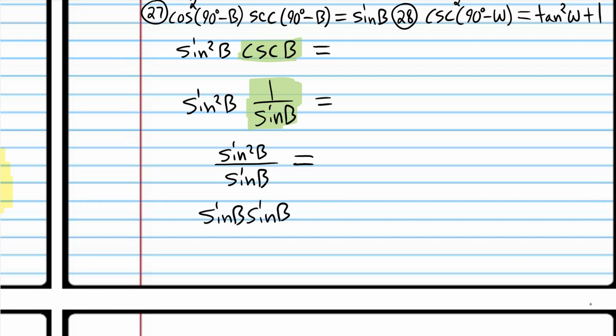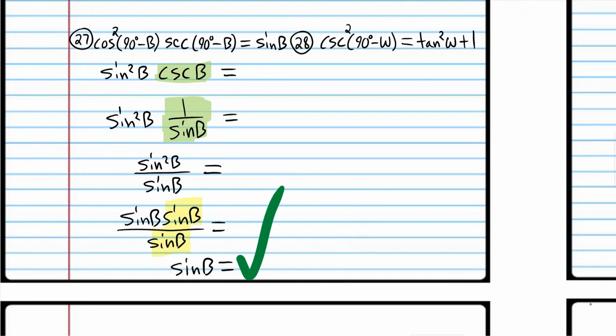So sine squared B is the same thing as sine B times sine B, and again, one of those sines cancels out, and you're left with sine B. So we proved it. We did it. Okay, so on to number 28.